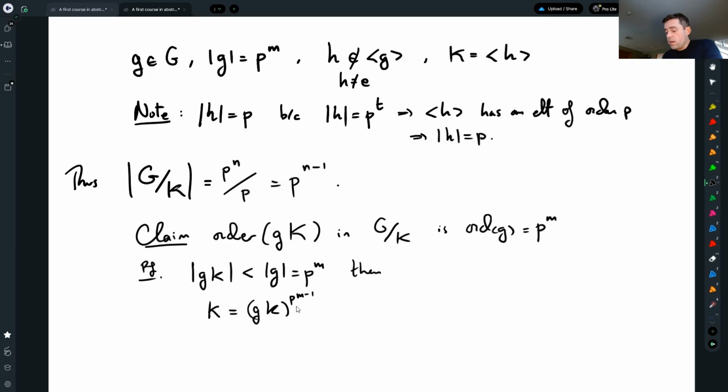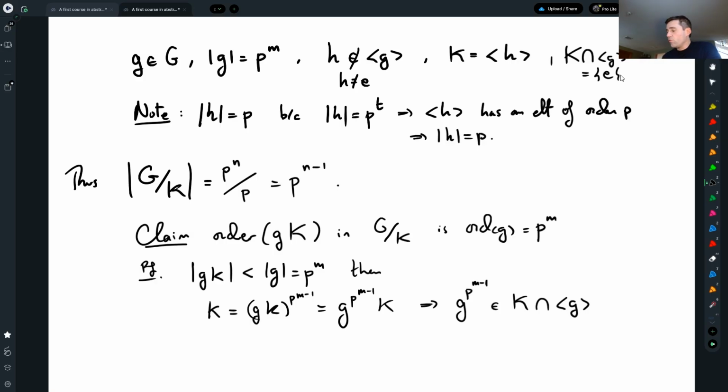And this is g to the P to the m minus 1 K, and that tells me then that g to the P to the m minus 1 is in K. But it is in K and in the subgroup generated by g, and I knew K intersect the subgroup generated by g is the identity because H itself was not in K. This is the identity, and therefore g to the P to the m minus 1 would be the identity, but then that is a contradiction, because the order of g is P to the m, not P to the m minus 1.